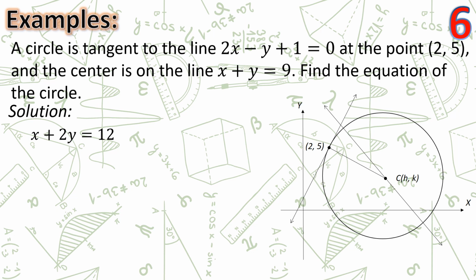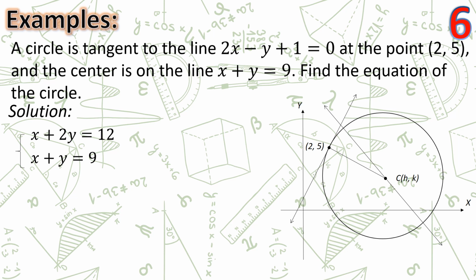Using the negative reciprocal of the slope of the tangent line and the point 2, 5 in the point slope form, we get x plus 2y equals 12. And then we're going to solve this simultaneously with the line x plus y equals 9 to get the coordinates of the center of the circle.